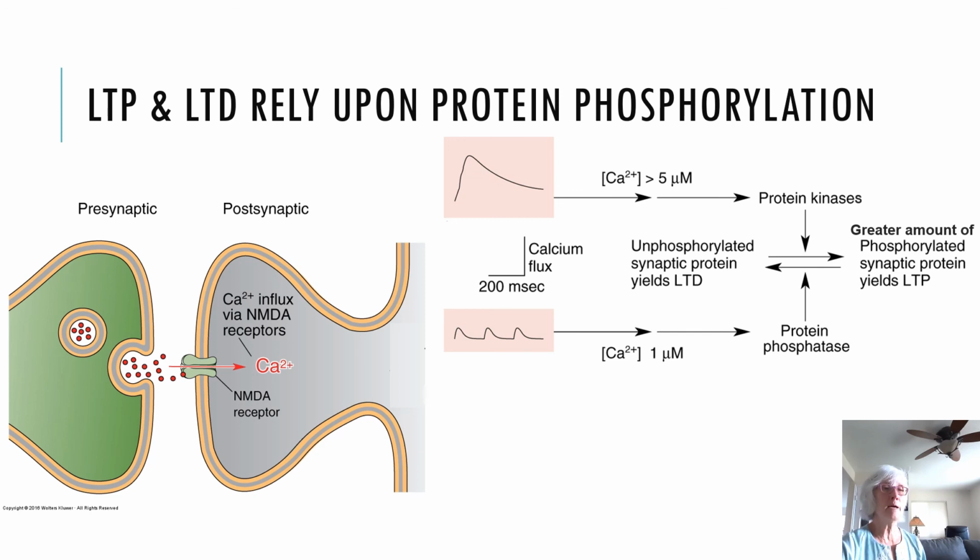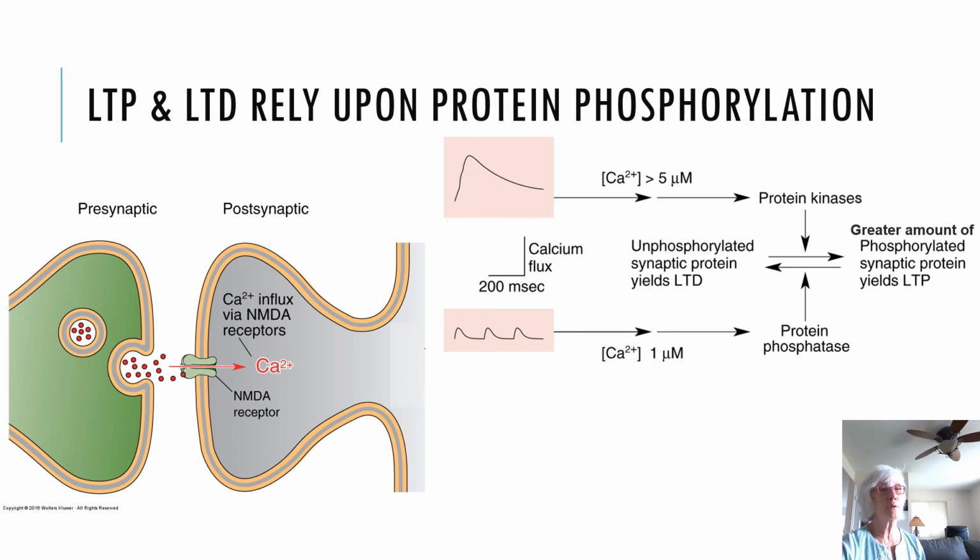So looking at the diagram on the left, that's a synapse between, here it's labeled presynaptic and postsynaptic, but in our hippocampus, we're looking at a CA3 and a CA1 neuron. Those neurons will communicate, glutamate will be released, and that glutamate will bind to an AMPA receptor, not shown.